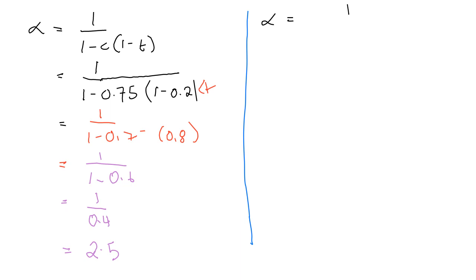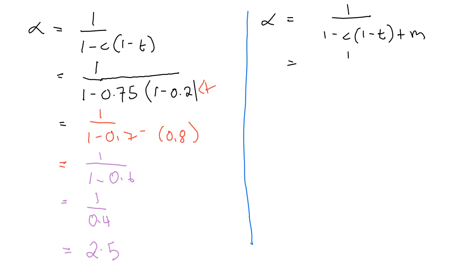So this then equals 1 over 1 minus the marginal propensity to consume times 1 minus C, open brackets 1 minus T plus M. That's our new one now, right?